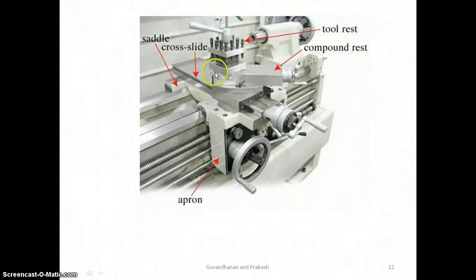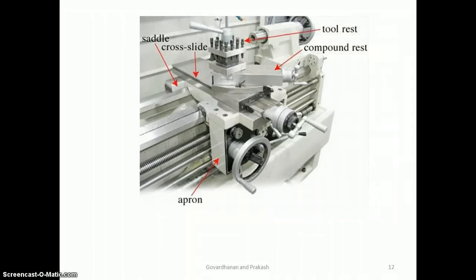Compound rest is placed on the cross slide. It has a circular base called a swivel plate. The swivel plate is graduated in degrees. The compound rest can be turned or swiveled.